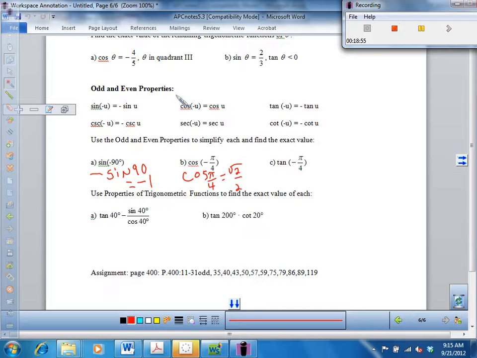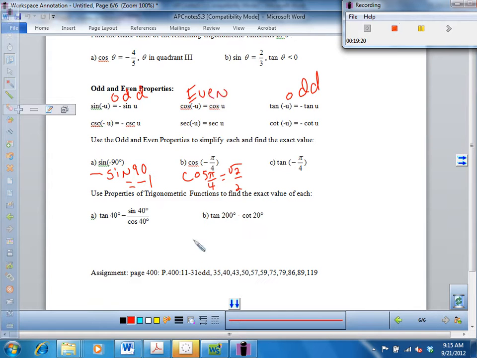Tangent is odd. Okay, so sine and tangent and cotangent and cosecant are all odd, the only ones that are odd. Okay, these are odd. These are even. Good.